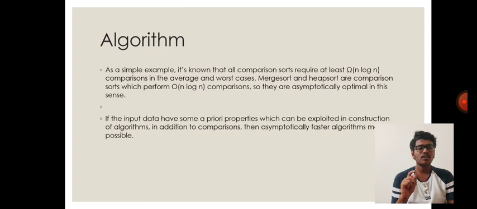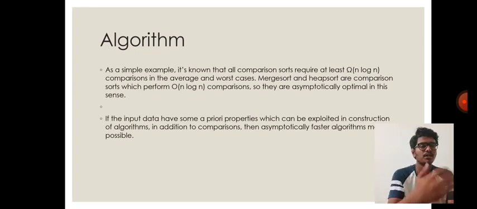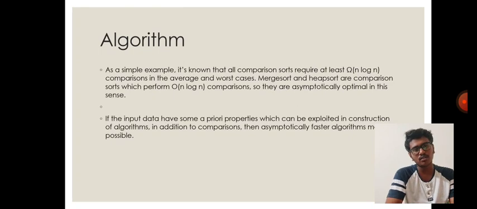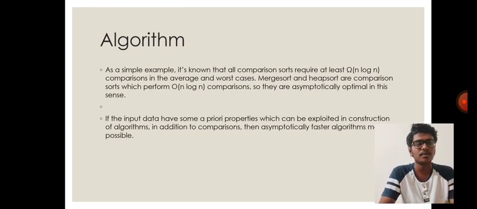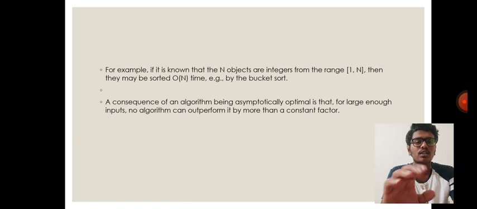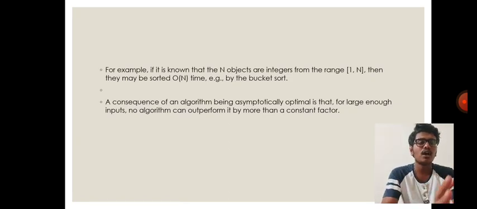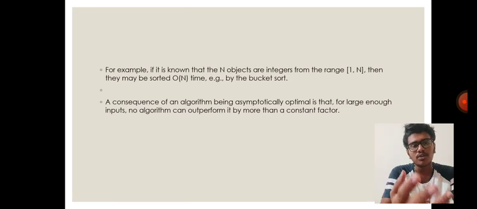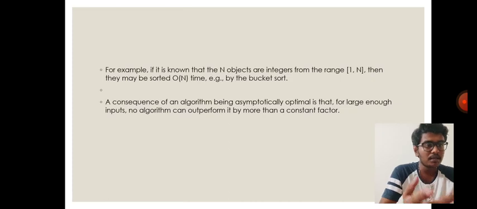If the input data have some a priori properties which can be exploited in the construction of algorithms, in addition to comparisons, asymptotically faster algorithms may be possible. For example, if it is known that the n objects are integers from the range 1 to n, then they may be sorted in big O of n time, for example by bucket sort.